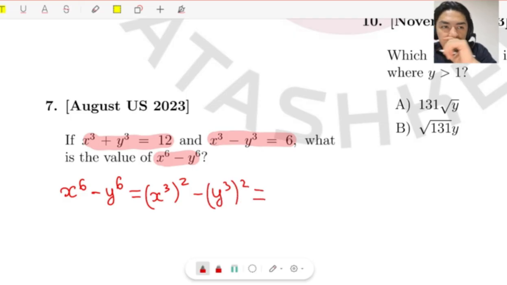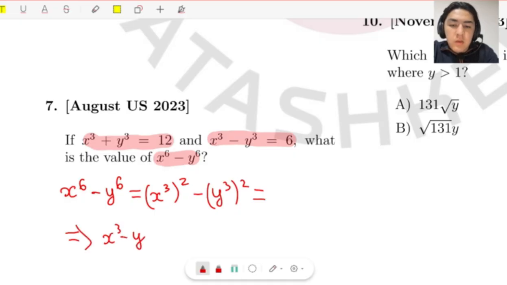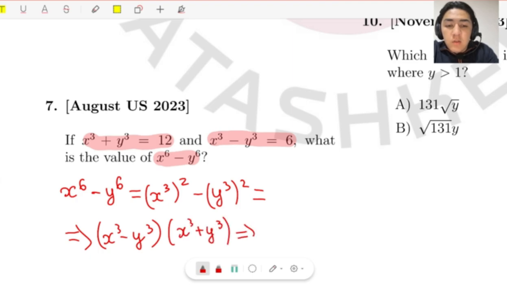And if you do remember that formula, you can write it as x cubed minus y cubed times x cubed plus y cubed. And if you did notice something here, you just have to multiply 12 by 6. Now, that's it. 72.